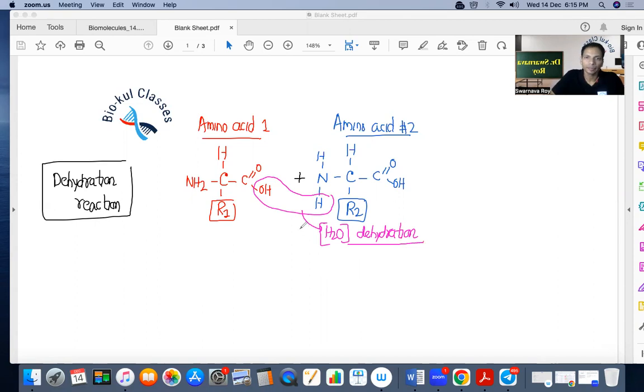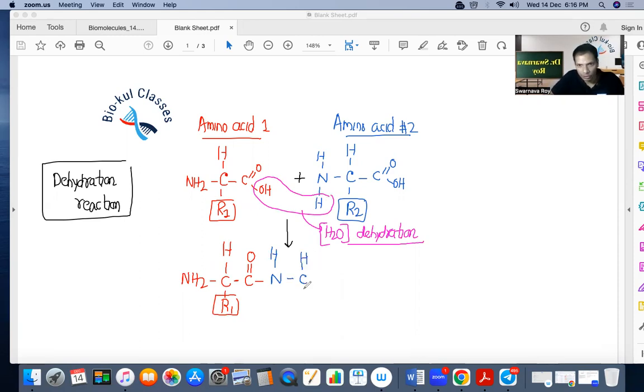What is happening here? This leads to formation of NH2. This is the first amino acid, this is the side chain, CO, and here we have the NH. Remember, the OH and the H are gone.